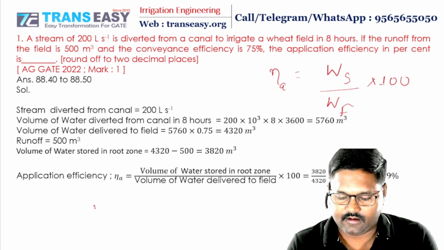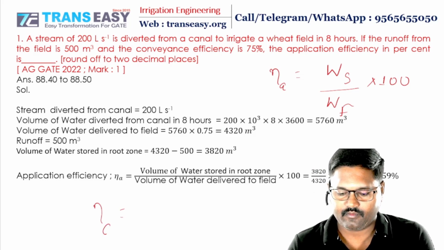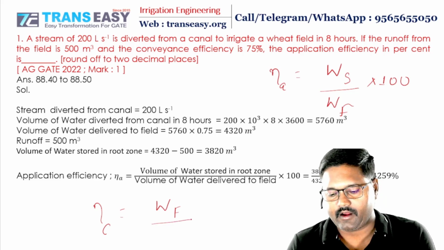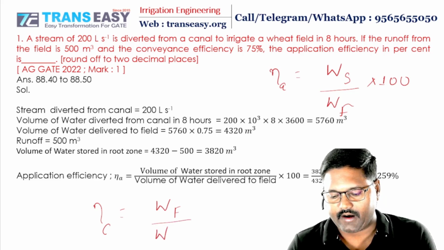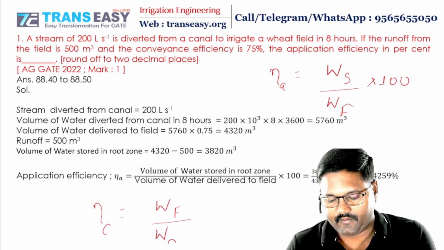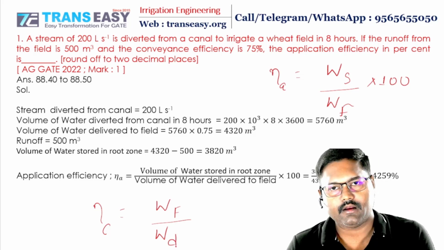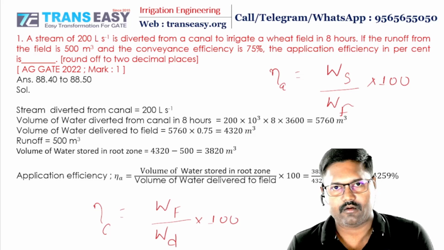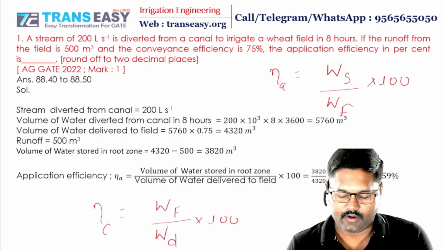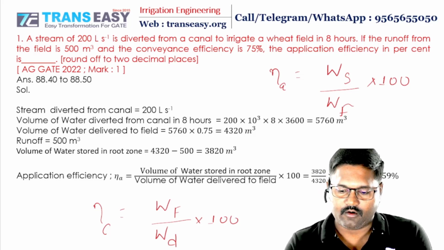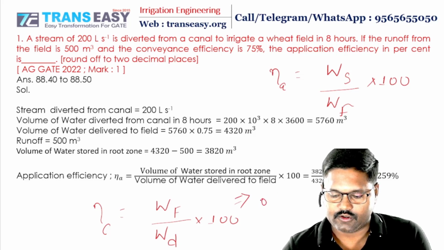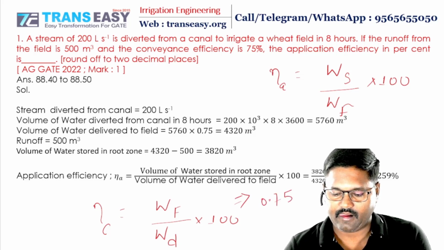Conveyance efficiency is amount of water delivered to the field upon amount of water diverted to the canal system, right? Conveyance efficiency is given, 0.75.